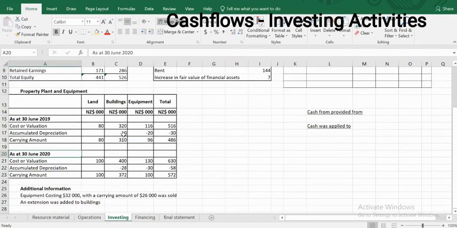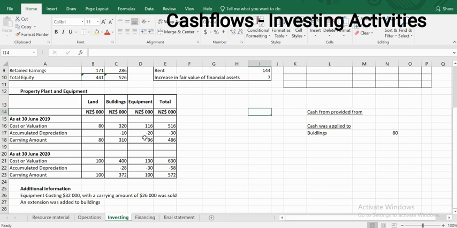So this is a nice, straightforward 320 to 400, so that's 80,000. So that's going to be an application of cash because we have spent cash on this new extension, and that's going to be 80,000. So that's buildings ticked off here too.